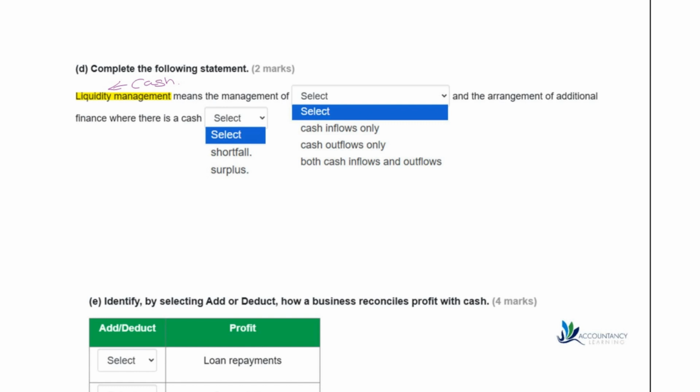So it's the management of both cash inflows and outflows, because that's what's going to affect our liquidity. If we've got money coming in, it's better. Money going out, it's reduced. And the arrangement of additional finance where there is a cash shortfall. So if we need additional finance, it means there's a shortfall. And that would all be part of liquidity management.